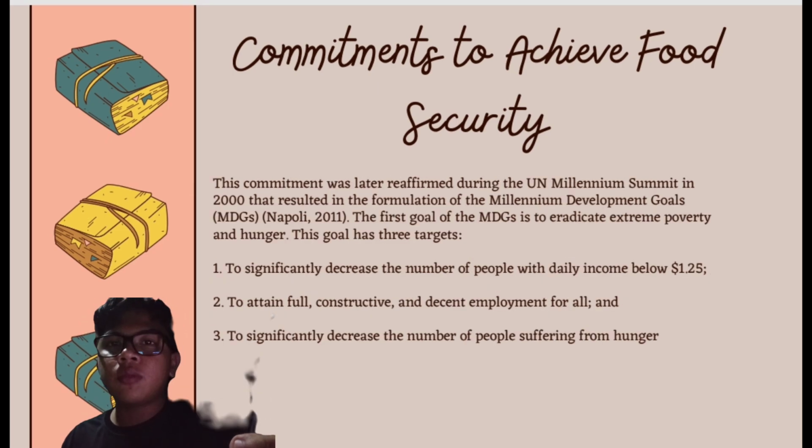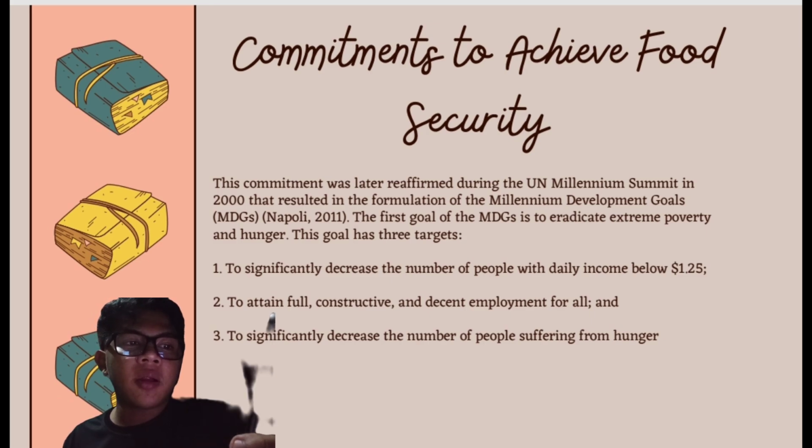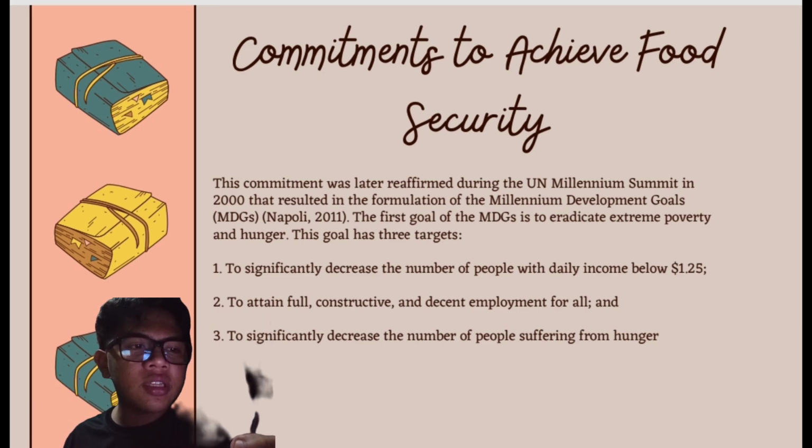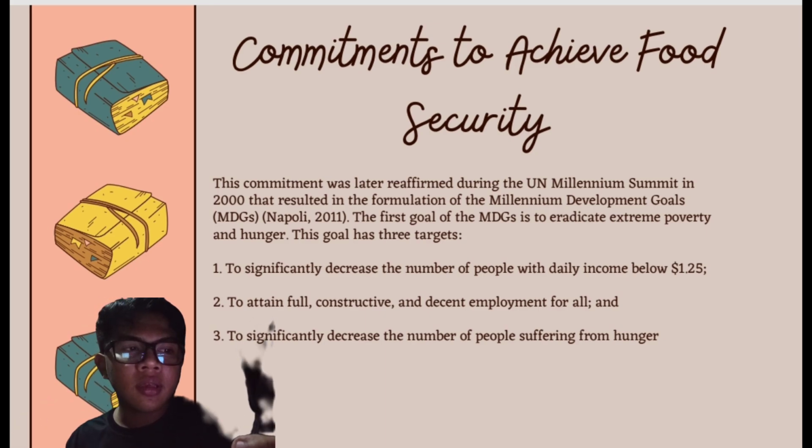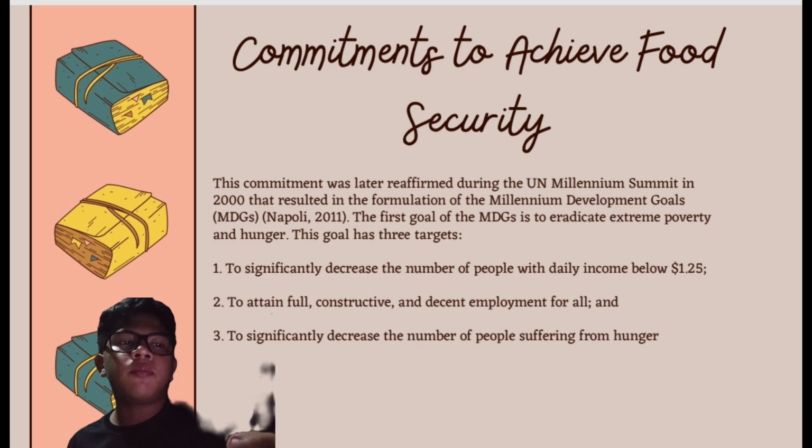The commitment was later reaffirmed during the UN Millennium Summit in 2000, which resulted in the formulation of the Millennium Development Goals, or MDGs. The first goal of the MDGs is to eradicate extreme poverty and hunger. This goal has 3 targets. As you can see in the PowerPoint, the first was to significantly decrease the number of people with daily income below $1.25.